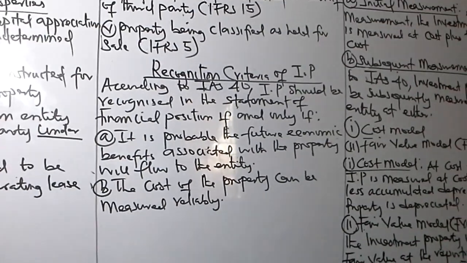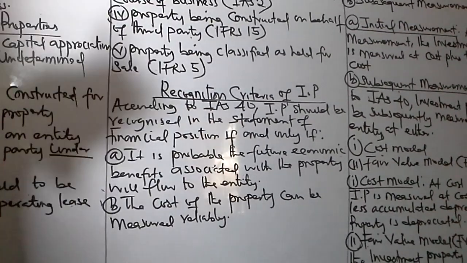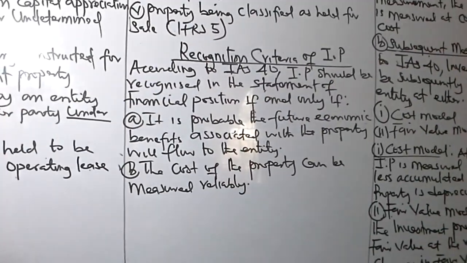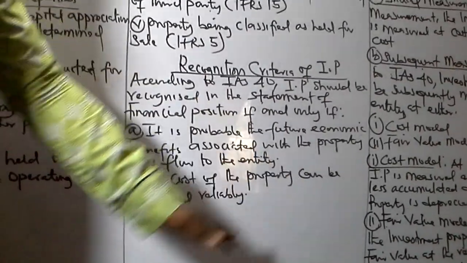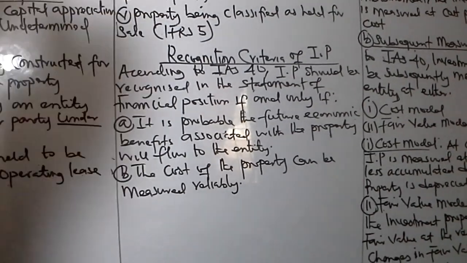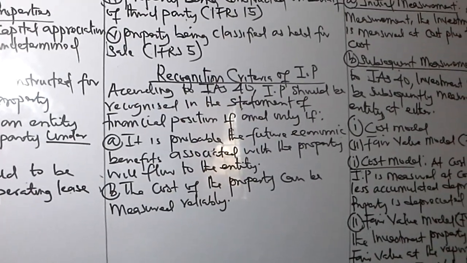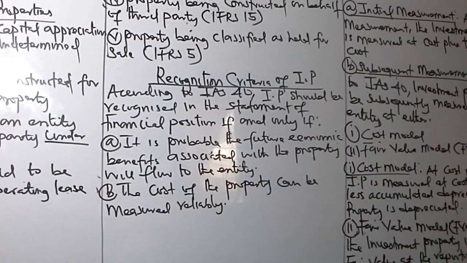That talks about control. I have control over it, so I am going to enjoy the benefit. Two, the cost of the property can be measured reliably, right? The cost of the property should be measured reliably. Is that clear?